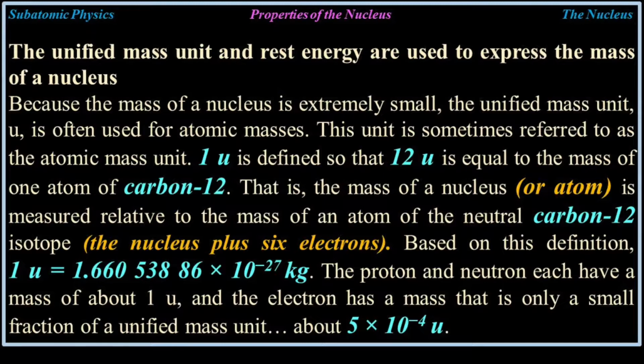The proton and neutron each have a mass of around 1 U, and the electron has a mass that is only a small fraction of the unified mass unit, about 5 times 10 to the negative 4 U.